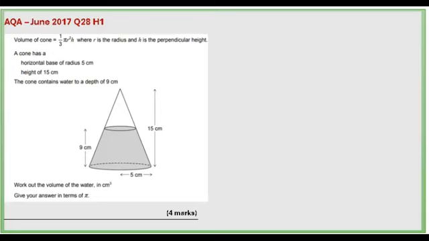The problem is not too hard if you think about two cones, a big cone and a small cone. From the big cone, you take away the small cone. Now the thing is, the two cones, the big one and the small one, are similar cones.